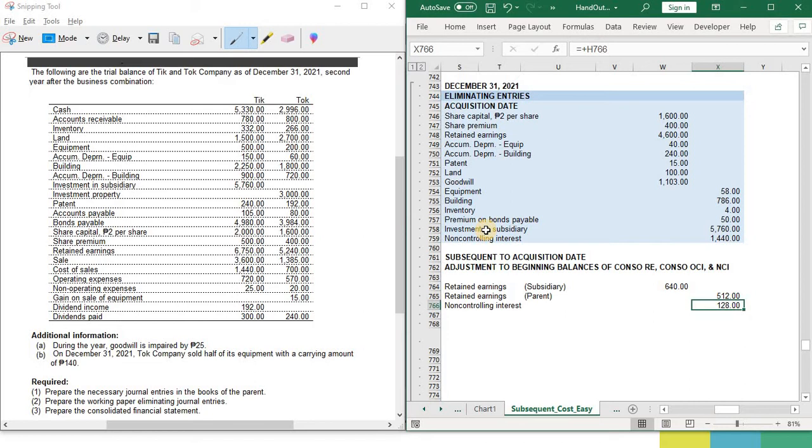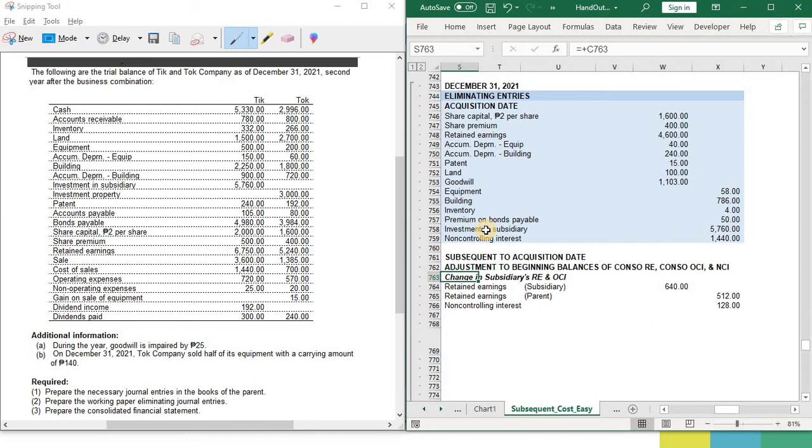If you can remember, the net income or net loss of the subsidiary recorded in its separate financial statements is not necessarily the net income or loss of the subsidiary for consolidation purposes, because there are adjustments that we made to its net income. So this is only the change in the subsidiary's RE or OCI. In this case, this is only retained earnings.